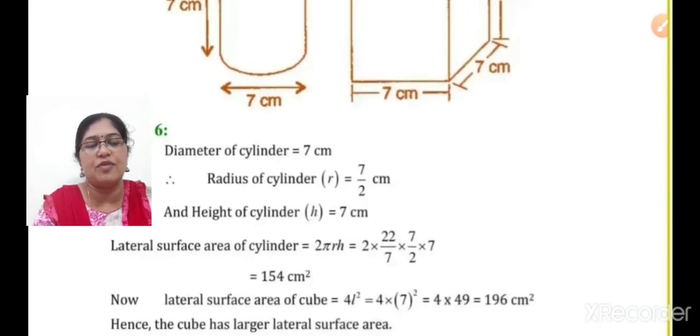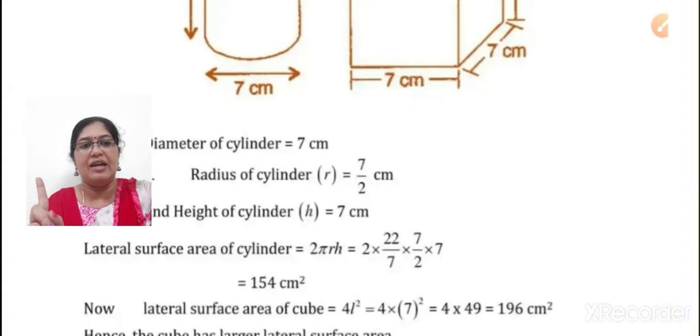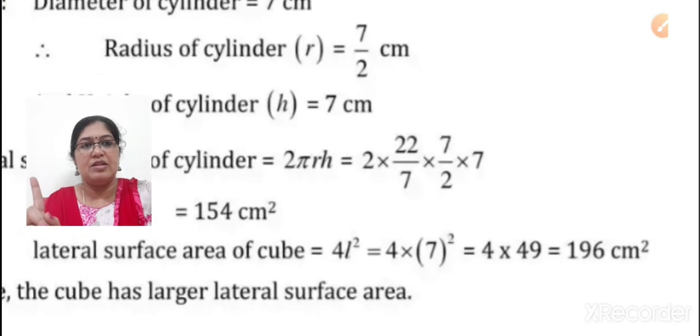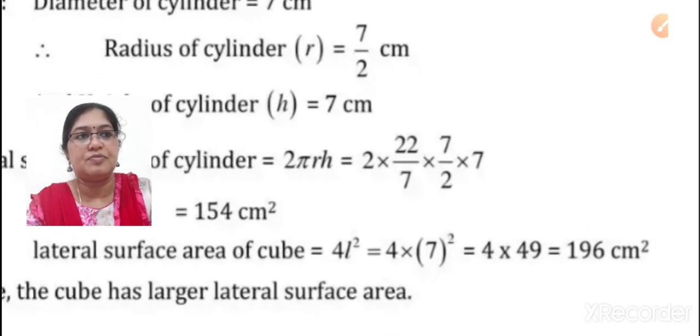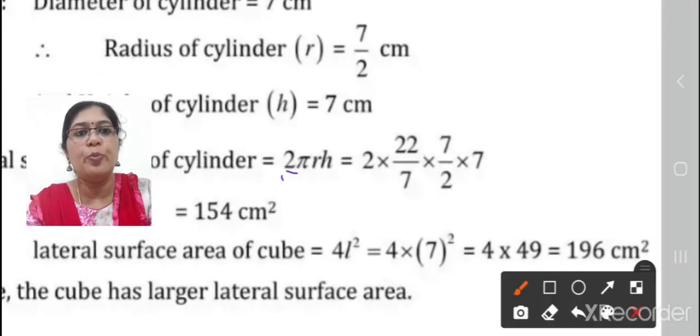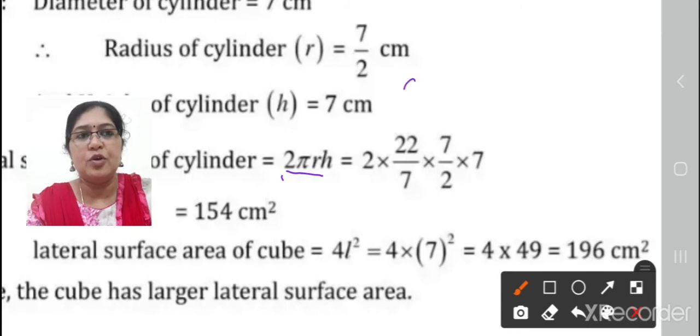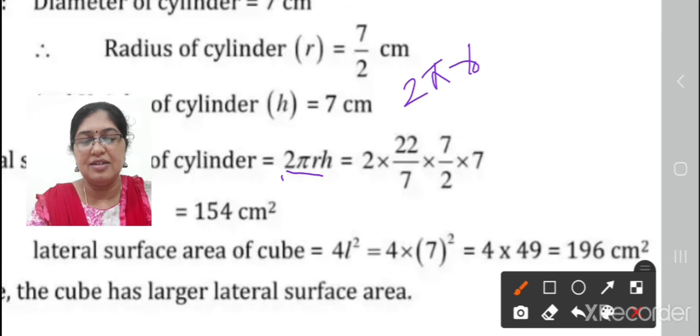So let us apply the formula. Lateral surface area of the cylinder equals circumference into height, and 2 pi r is the circumference of the circle.